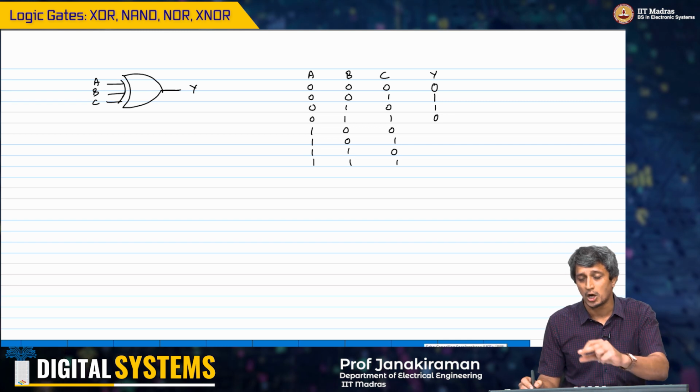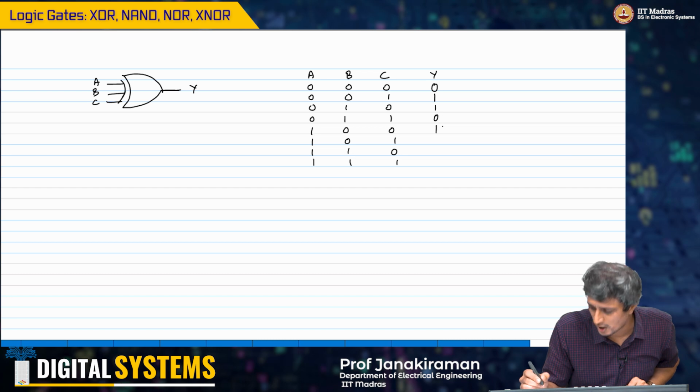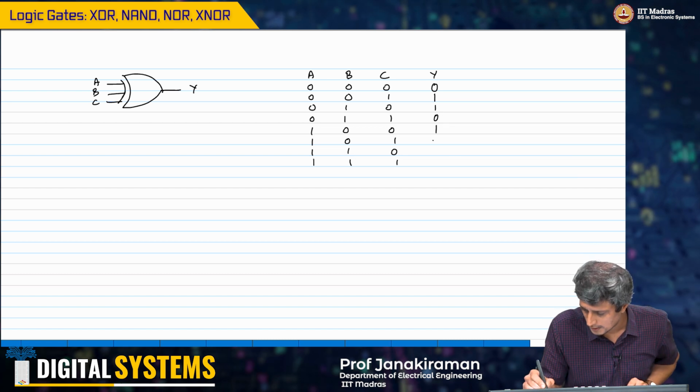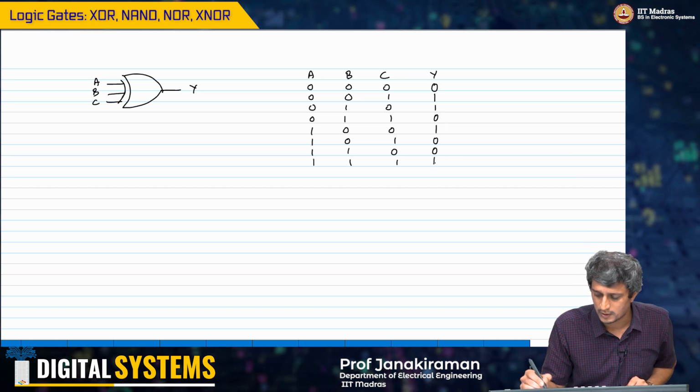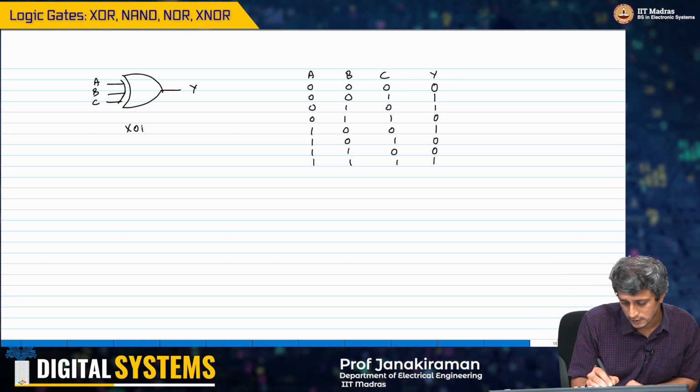For the bottom half, the bottom 4 combinations, 1, 0, 0 is an odd number of ones, and so on. So this is the truth table of your 3 input XOR gate.